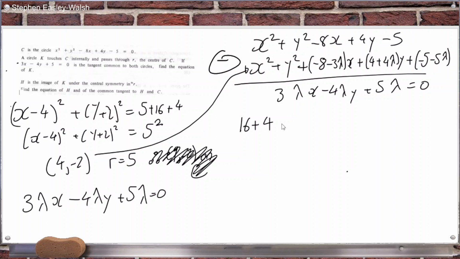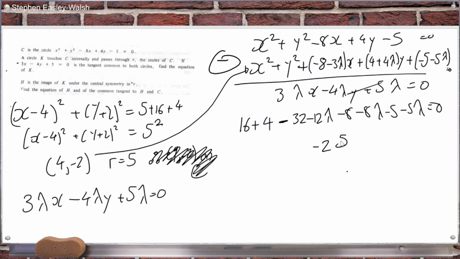Sorry, I forgot, these are both equal to 0, of course. 16 plus 4, x is 4, so that's minus 32, minus 12λ, minus 8λ, minus 5λ equals 0. 16 plus 4 minus 32 minus 8 minus 5, that's -25.